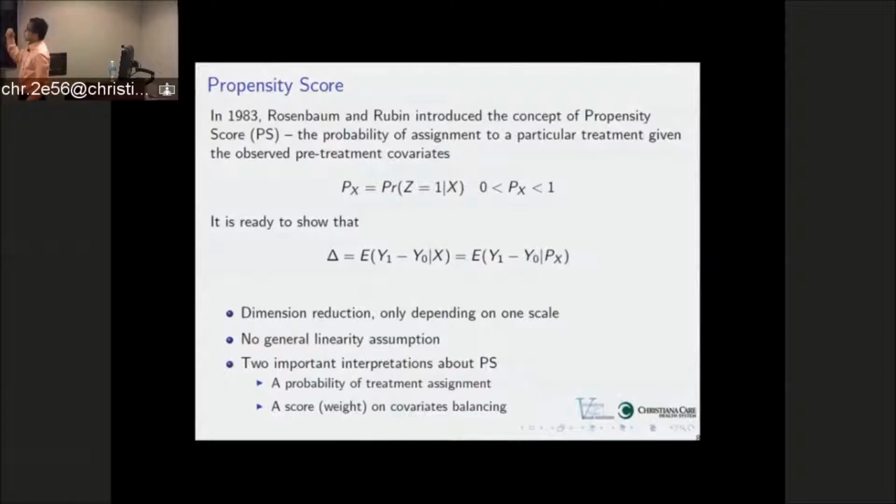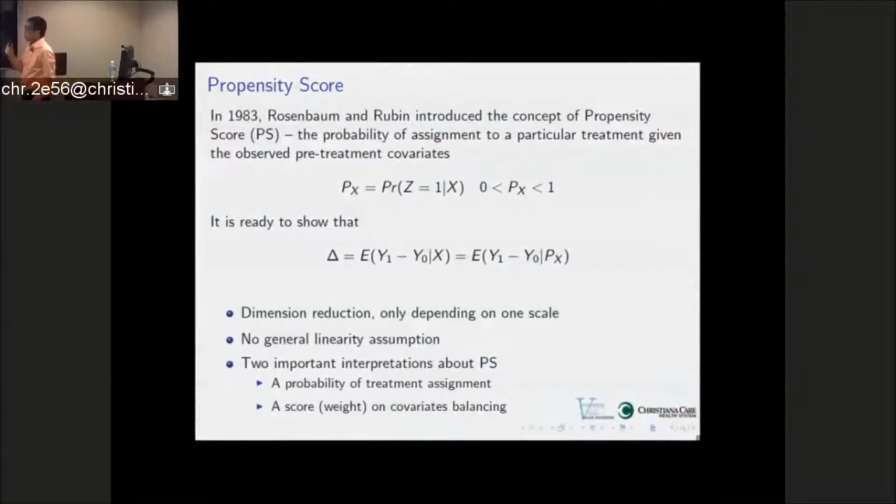Under this definition and the ignorability assumption, it is ready to show that the average treatment effect between the two groups given all the observed covariates X is equal to the same formula given just the propensity score. This is a very big breakthrough.